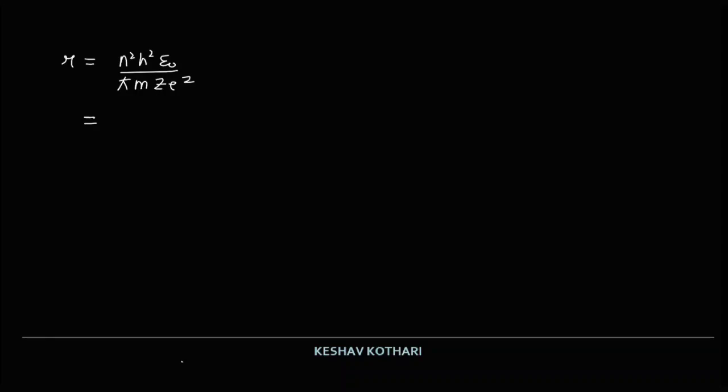The entire parameter of h square epsilon naught pi m e square is constant. The only parameters that are going to vary from atom to atom are the value of the principal quantum number n and the value of atomic number z.